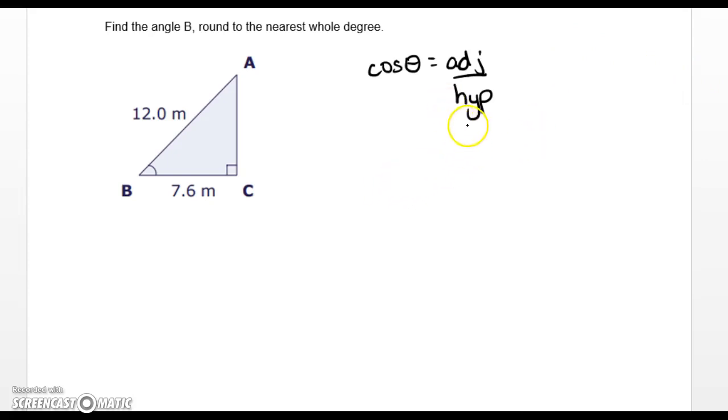So what we're going to do is first start by labeling the hypotenuse. It's one of our easiest to figure out. So that goes across your 90-degree angle. So here's your hypotenuse. And then this side, BC here, is part of that angle, or it's creating it. So this one here is going to be your adjacent.